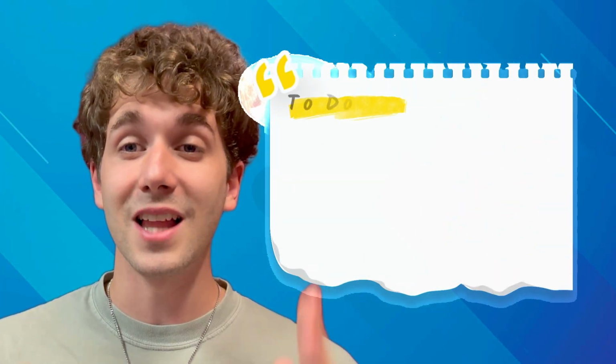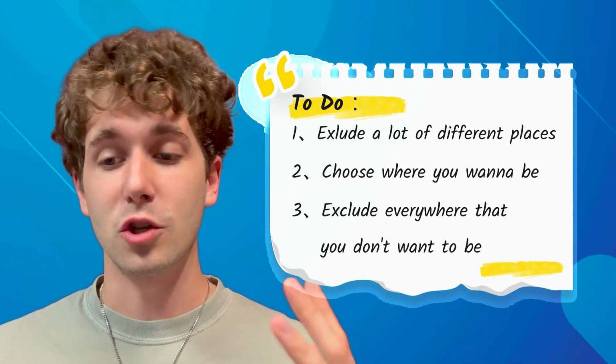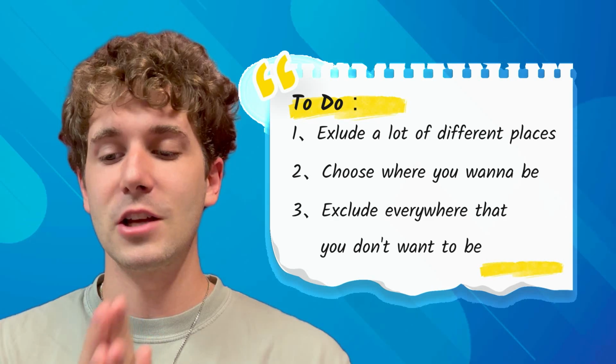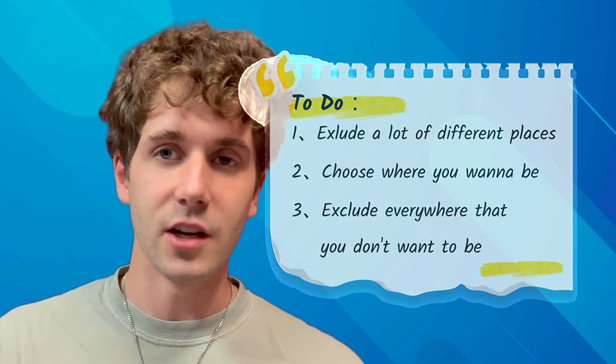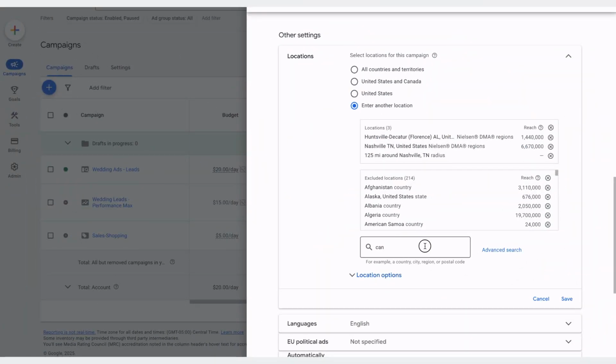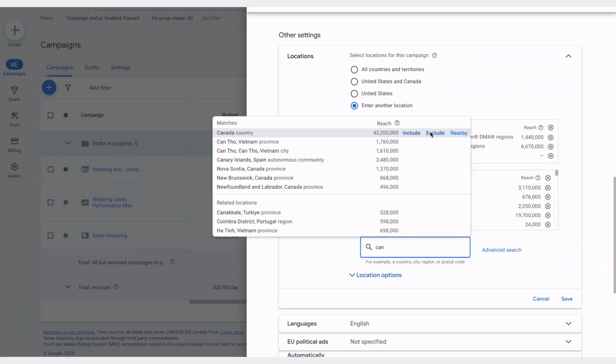So what you're going to do is exclude a lot of different places. Choose where you want to be and make sure you exclude everywhere that you don't want to be. So every country, every state, every zip code that you don't want to be in, you want to make sure that you're putting them in here and clicking exclude.